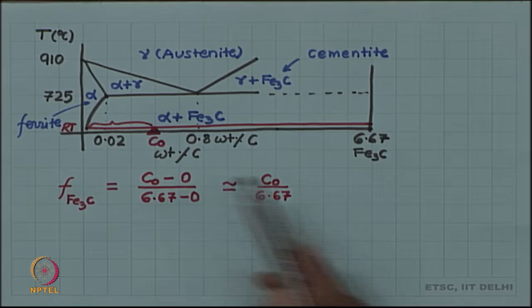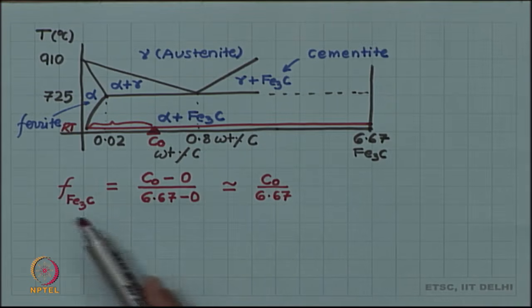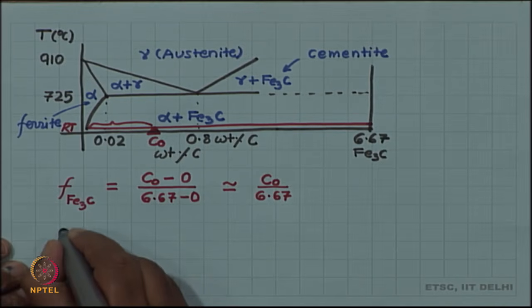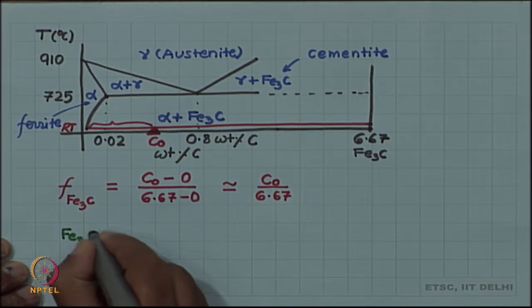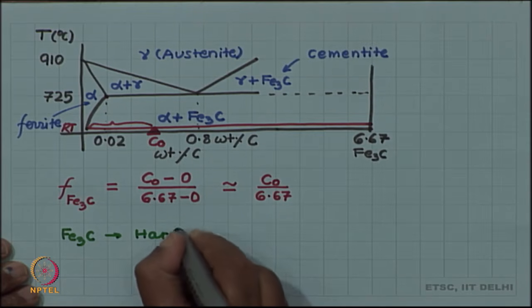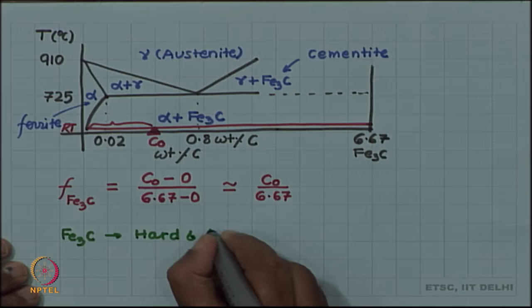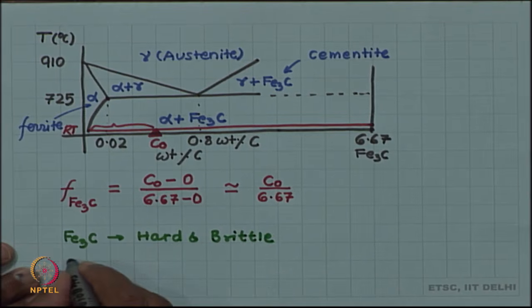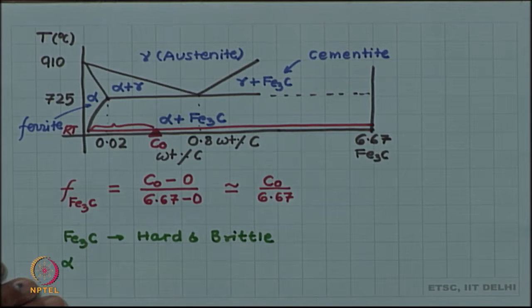If I have 2 times more carbon concentration, I will have 2 times more Fe3C as fraction in my alloy, and Fe3C is the phase which is hard and brittle, and alpha, the ferrite, is soft and ductile.